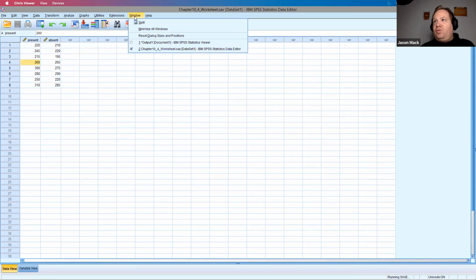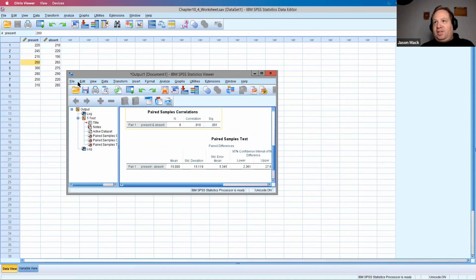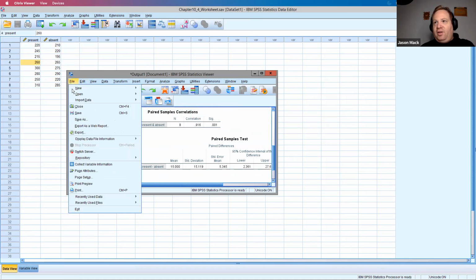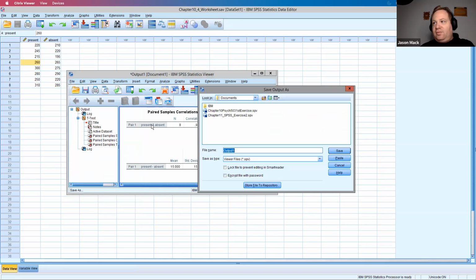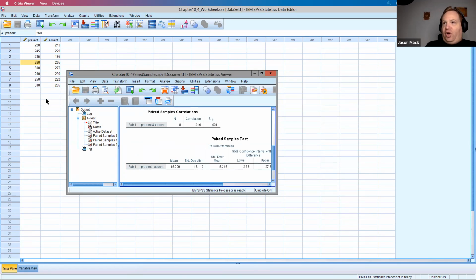And then also save the SPV file, because that's your output file, separate files, file, save as, chapter 10 for paired samples, something like that, so I know what it is when I'm looking at it. I can open these now.